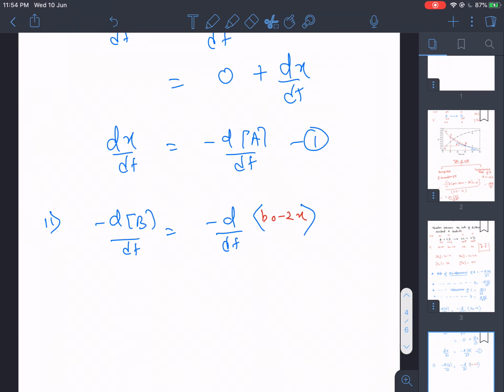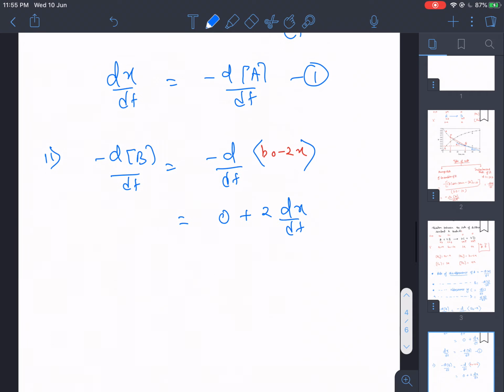Now if I differentiate this, what will happen? B naught is a constant, so it will be 0. Minus and minus will become plus, 2 will be taken out, so it will be 2 times dx by dt. So once again, dx by dt will be how much? Can you say that it is 1 by 2 with a negative sign, dB by dt.